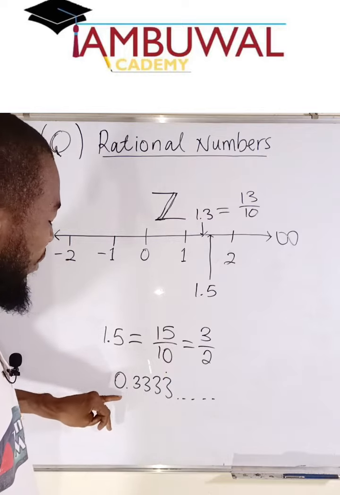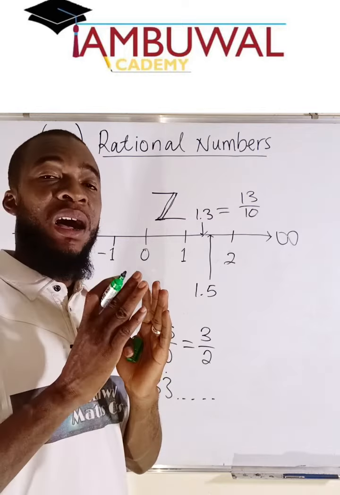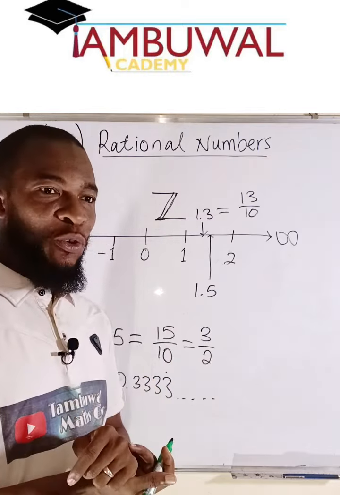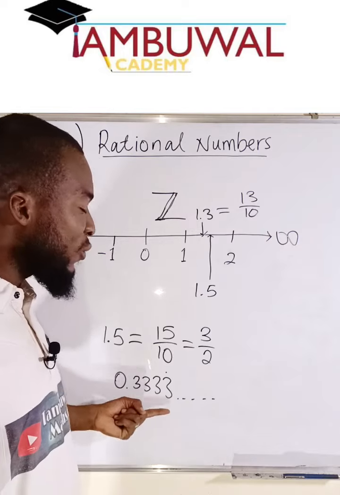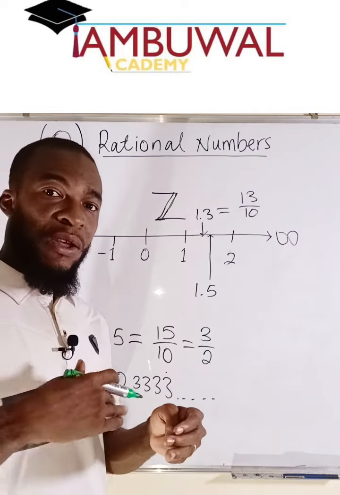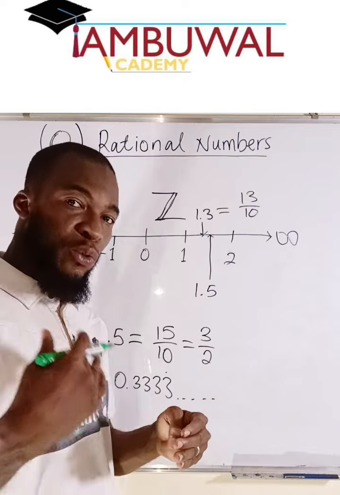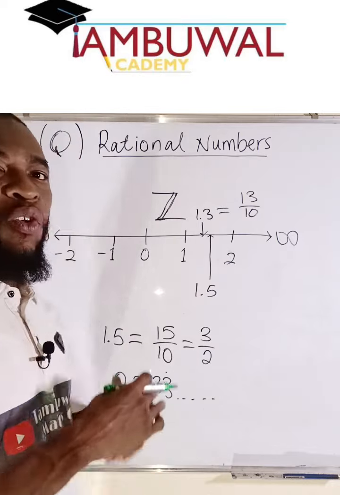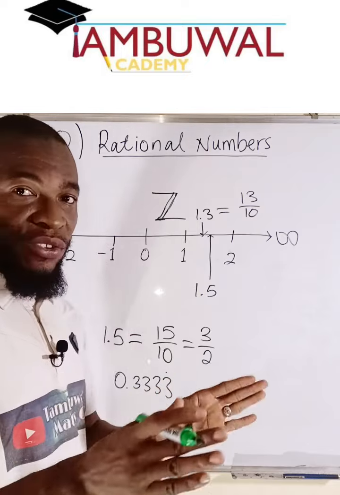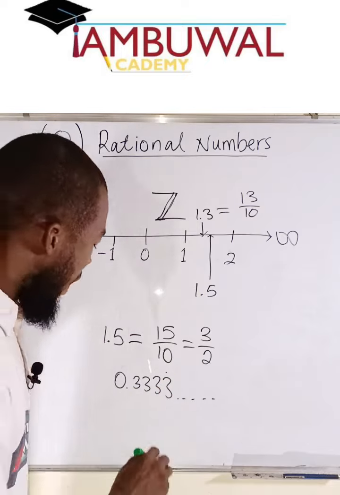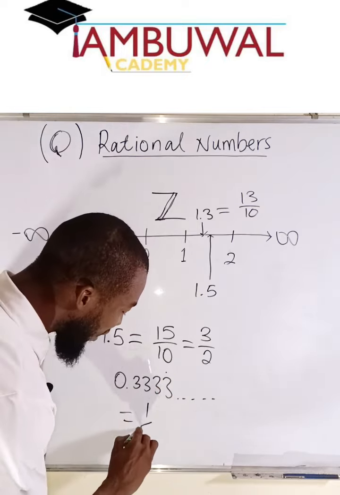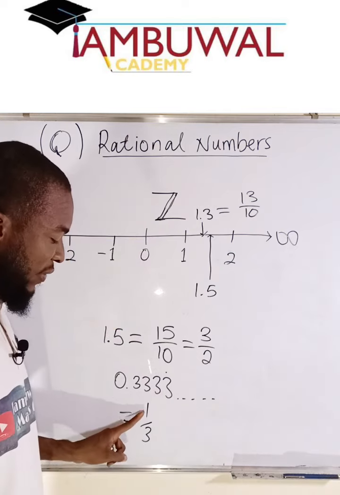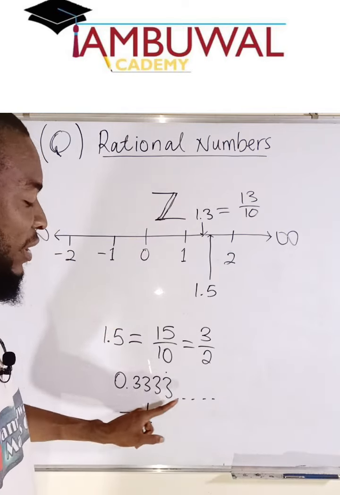So how can I determine whether this is a rational number or an irrational number? I think we have to discuss non-terminating decimals and also recurring decimals in a separate video, to learn how to convert them into fractions, which are rational. I know this is the same thing as 1 divided by 3. Take your calculator, divide 1 by 3, and you're going to obtain this one.